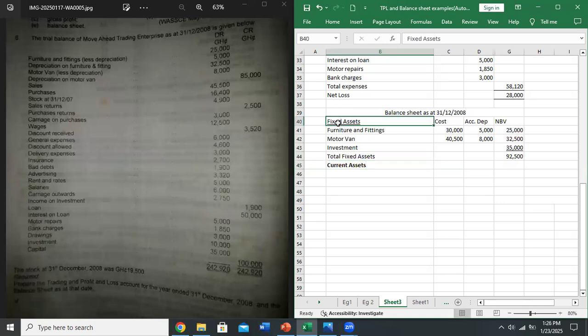So current assets, we have, like I told you, the stock, which is the closing stock, 19,500. The debtors. So our debtors figure, if you have seen it, you can assist me. I'm struggling to see my debtors figure. So it's like we don't have debtors. Great. So if you don't have debtors, you don't stress yourself bringing any debtors.